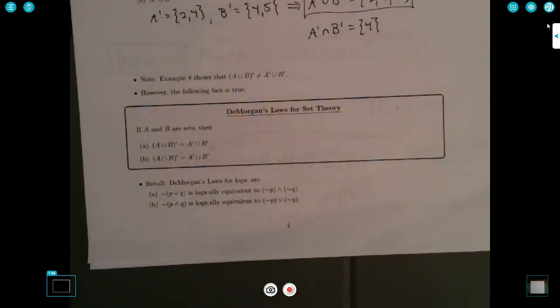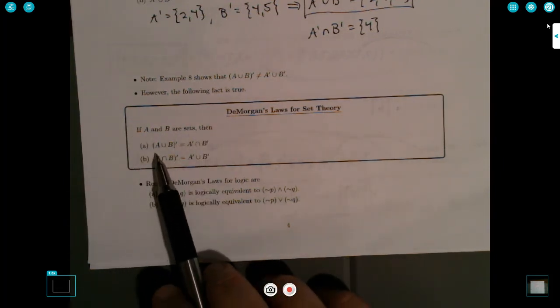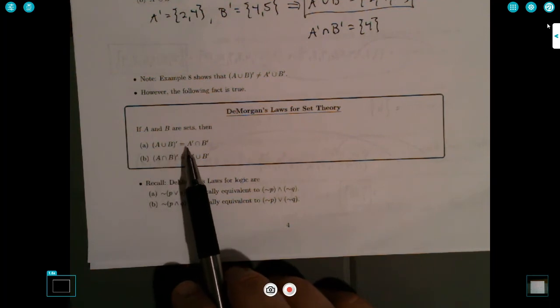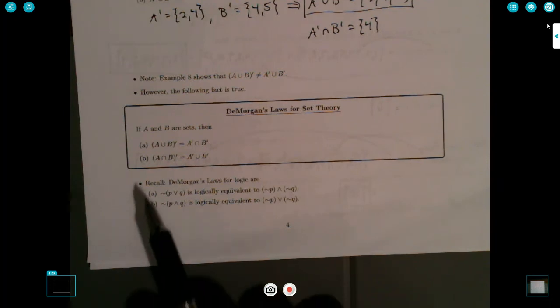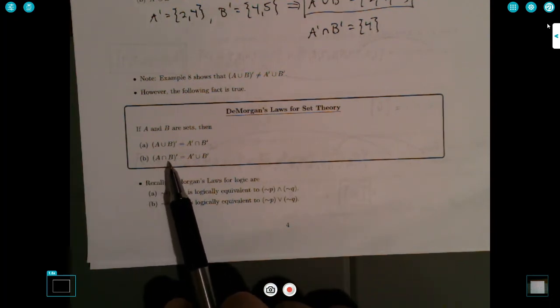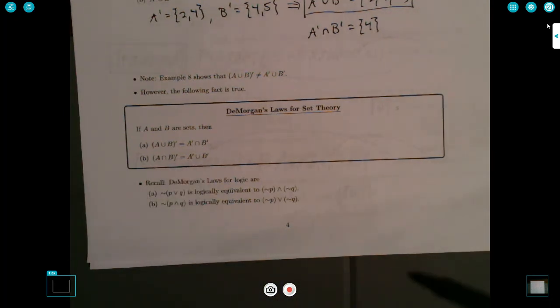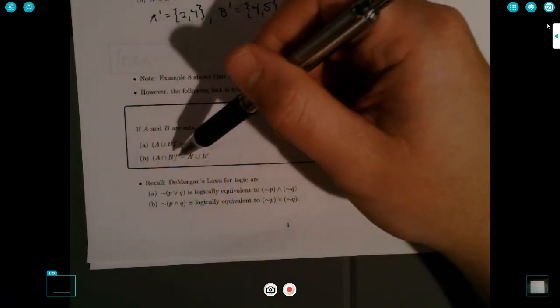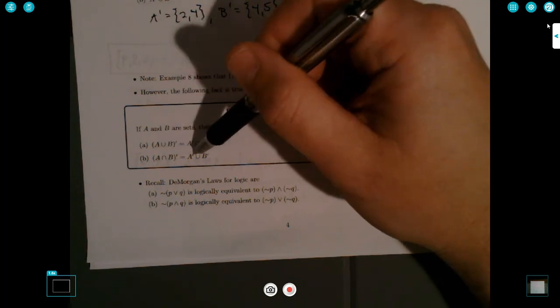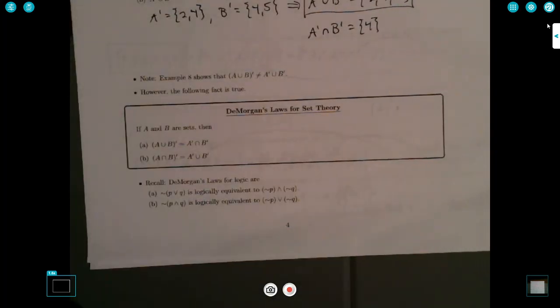We talked about De Morgan's laws when we were talking about logic. Well, it turns out that we have similar laws for set theory, right? So if A and B are sets, then A union B complement is A complement intersect B complement, just like we saw in the previous example. A intersect B complement is A complement union B complement. So you change from union to intersection when you distribute the complement, and from intersection to union. It's very similar to De Morgan's laws for logic.